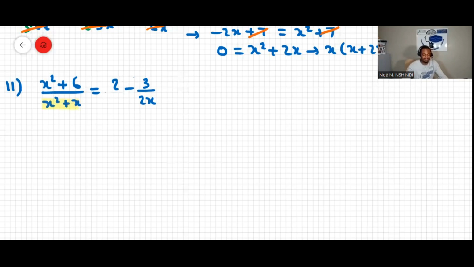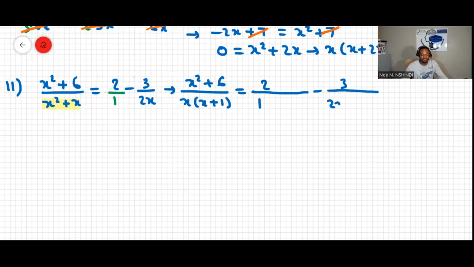So this will become x squared plus 6 over x times x plus 1, equal to 2 minus 3 over 2x. This 2 here is like over 1, so over there I can write 2 over 1 minus 3 over 2x.